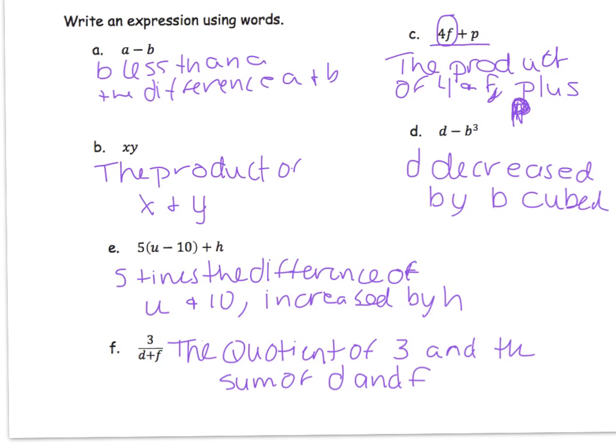So the quotient of 3 and the sum. Again, you're not going to say 3 divided by D and F, although I guess that one would be okay, but you're not going to make it sound like 3 is just being divided by D. Okay, so the quotient of 3 and the sum of D and F, or 3 divided by D plus F, that would be okay too.